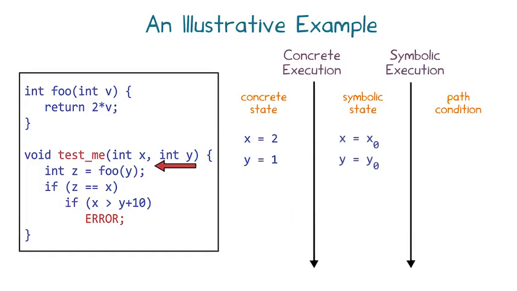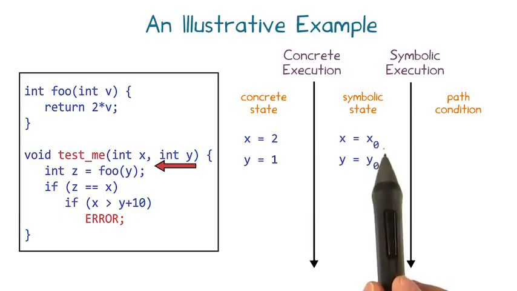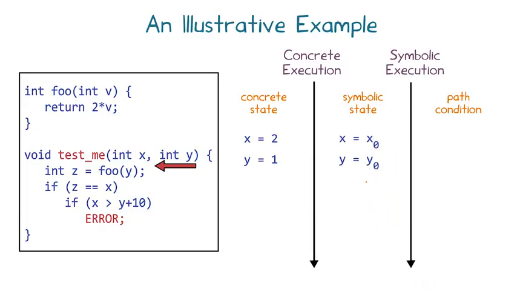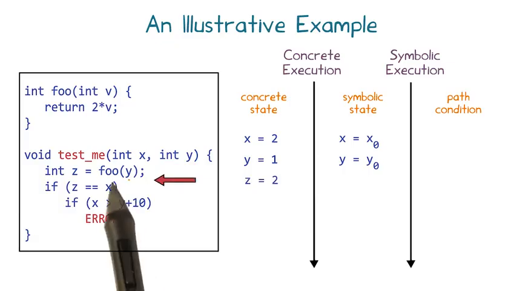The symbolic state begins anew with x equals x0 and y equals y0. After executing the first line, z takes on the concrete value 2, which is the output of foo applied to 1, and as before, the symbolic value 2 times y0.